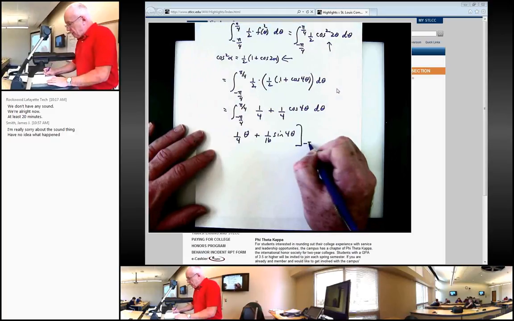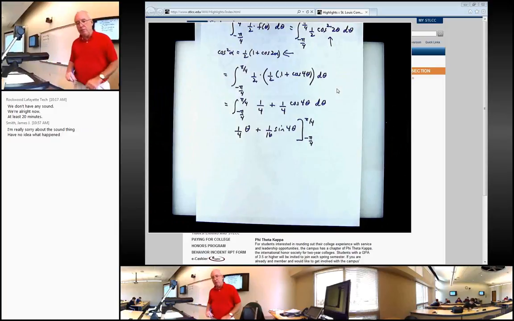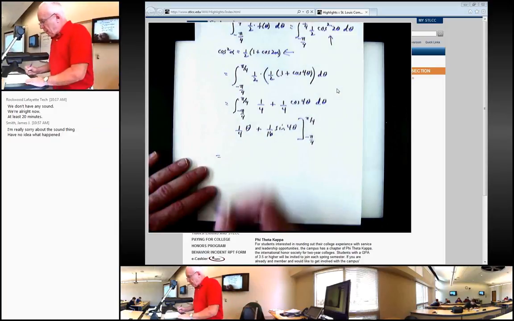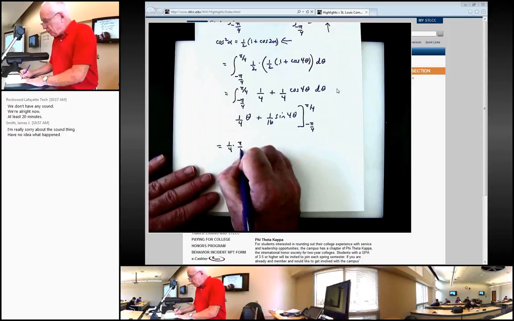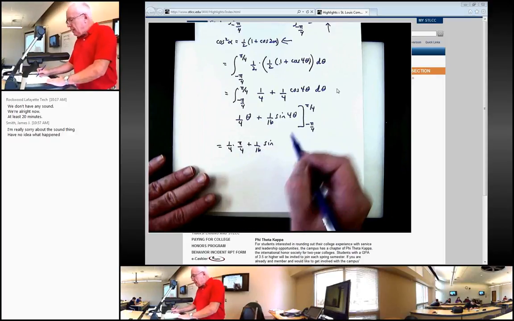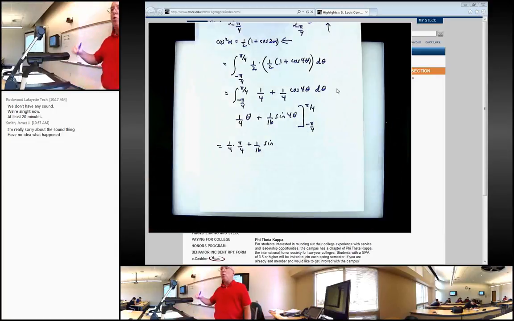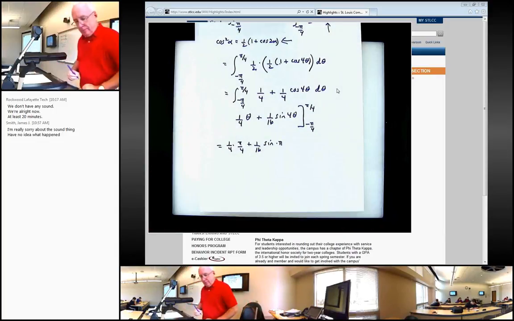And then we're ready to do our limits of integration, minus pi over 4 to pi over 4. So let's fill this in. We have 1/4 times pi over 4 plus 1/16 times the sine. Now this is 4 theta, so 4 times pi over 4 is going to be pi.